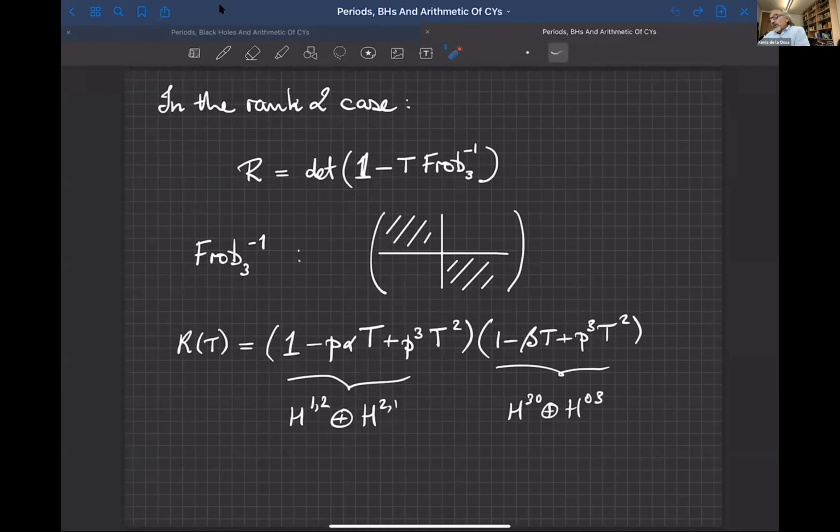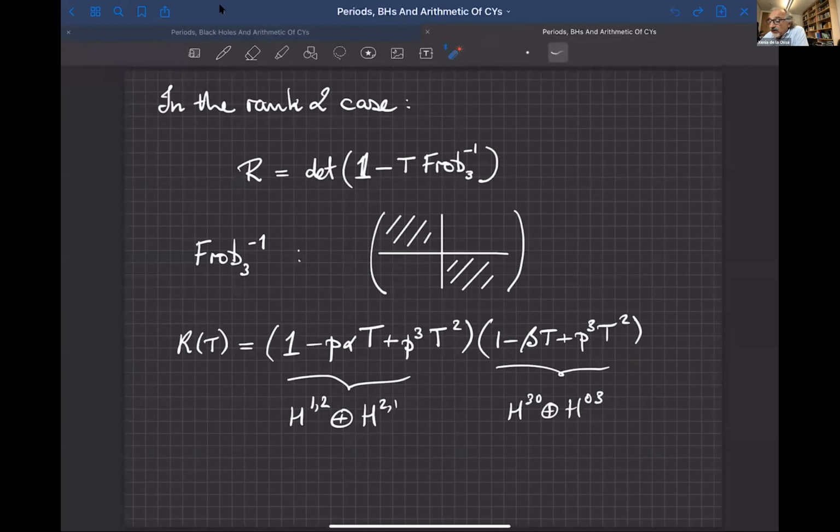So there's a basis over the integers in which this 4 by 4 matrix factorizes as sketched, which is that it factorizes into two-dimensional blocks.